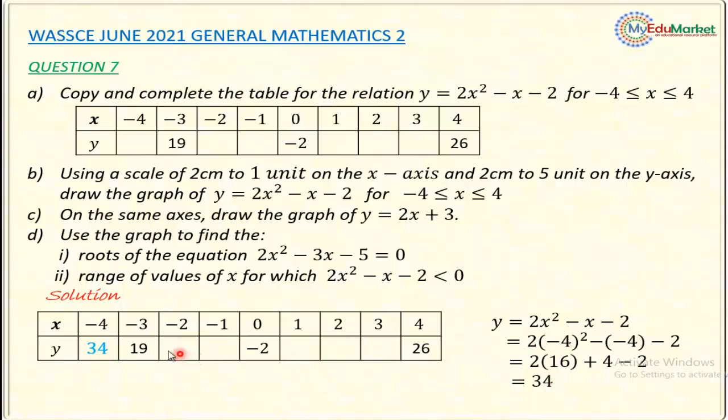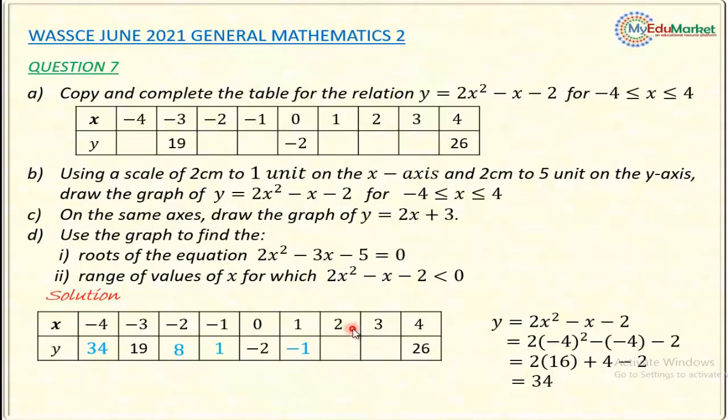So I did the same for all those values. Next I'll take x as -2, replace it like I did here. It will give me the final value 8. I will now take -1 as my x, replace it in here and get the value of y, which is going to be 1. I'll continue, replace x by 1. It will give me the corresponding value of y as -1.